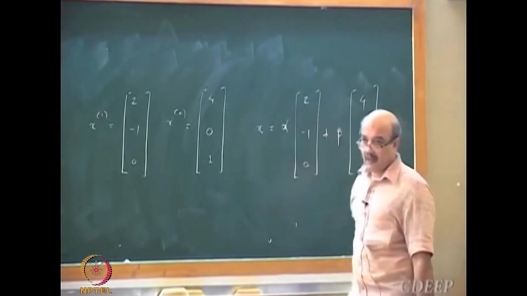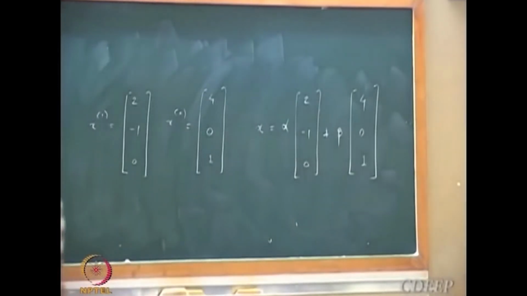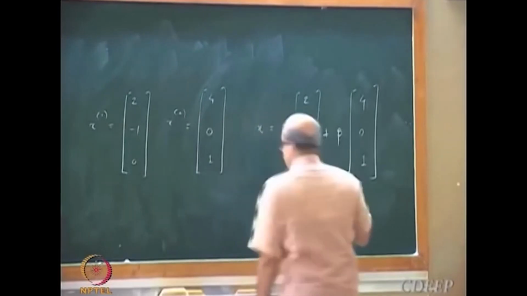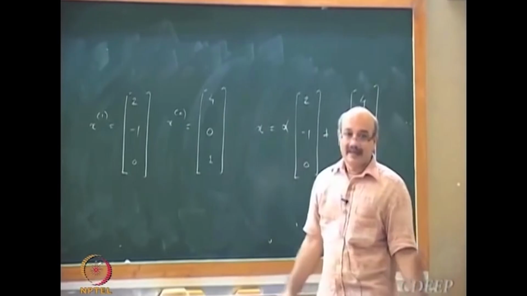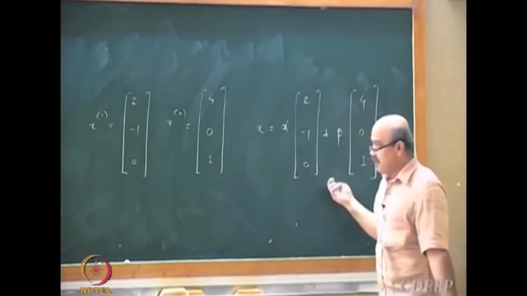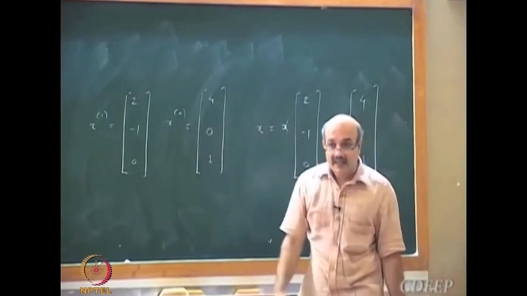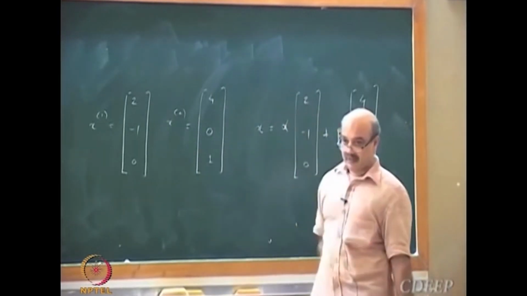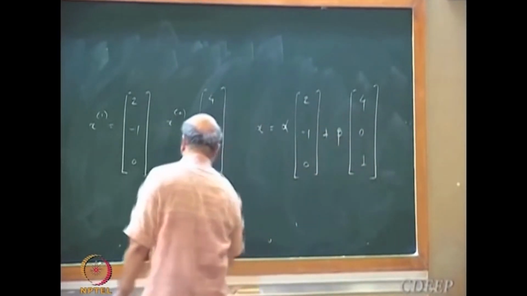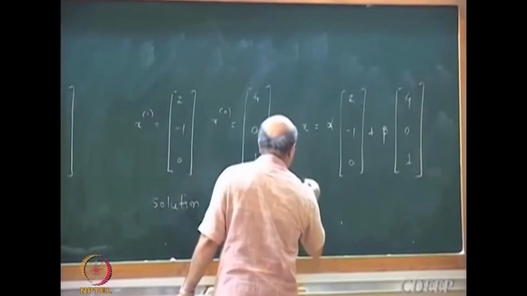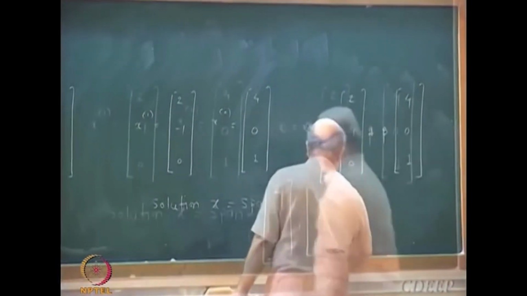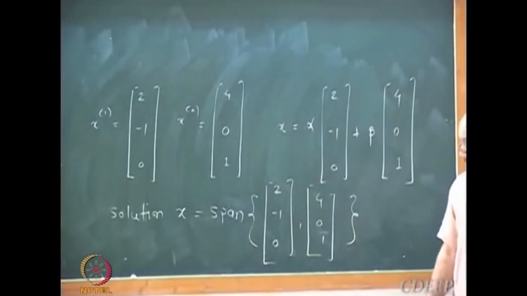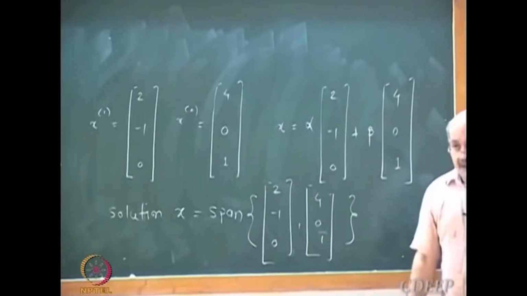So two solutions add to 0. So what I want to say here is that the solution lies in the span of these two vectors. Are these linearly independent? Yes. These are linearly independent, and then the solution lies in the span of these two vectors.